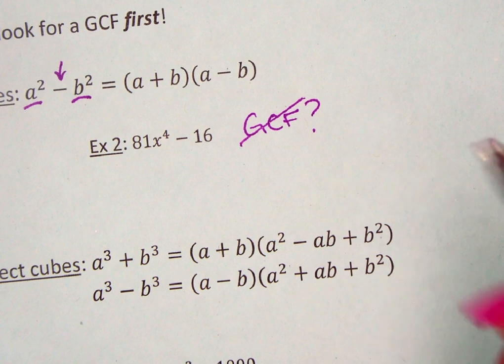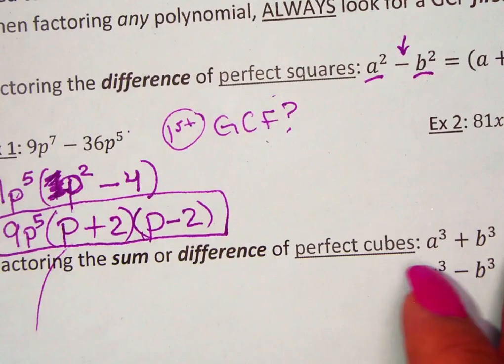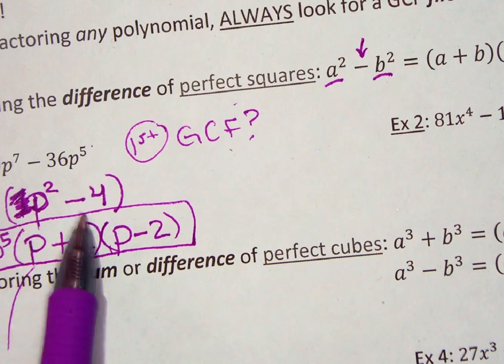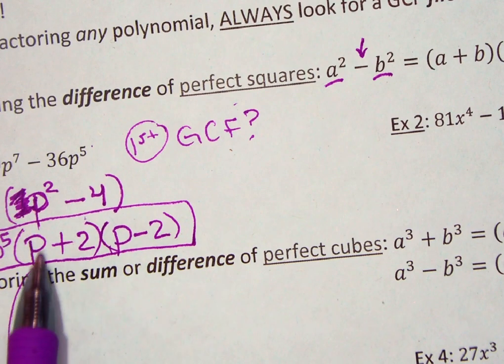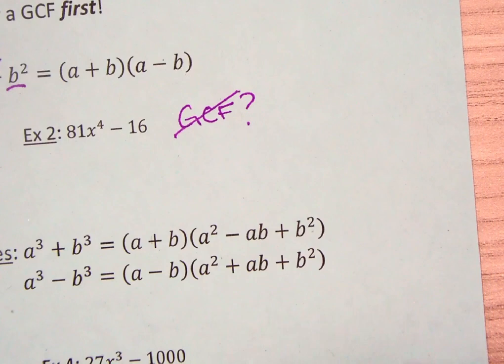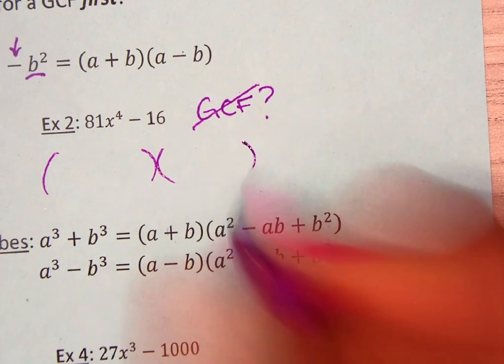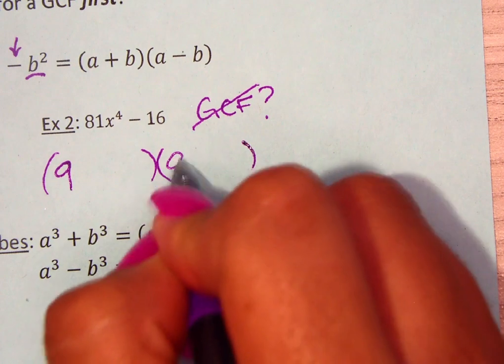What you're going to do next is proceed with the pattern from over here. You look at the binomial and ask, can I have something times itself be that answer? So you look at 81, thinking of the square root of 81, so 9 times 9.